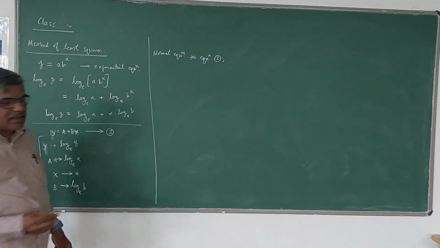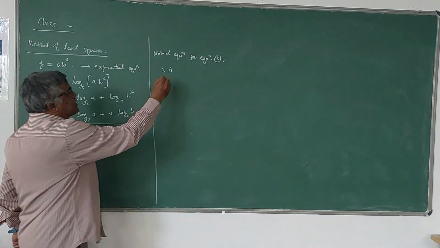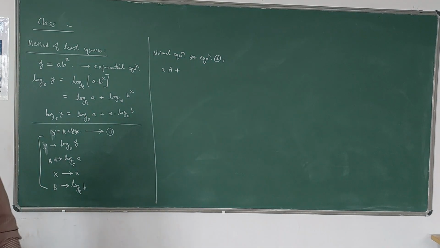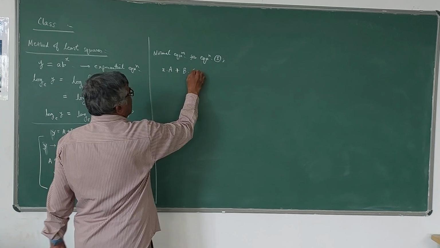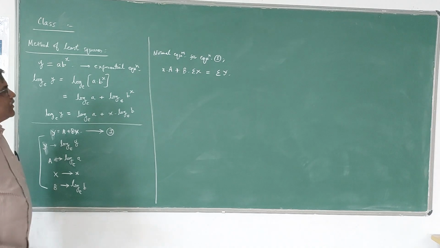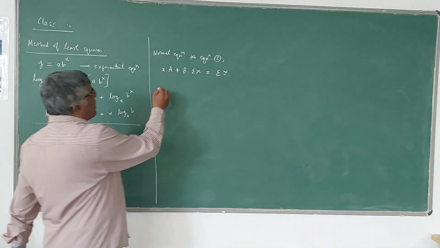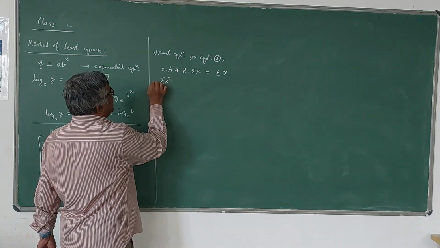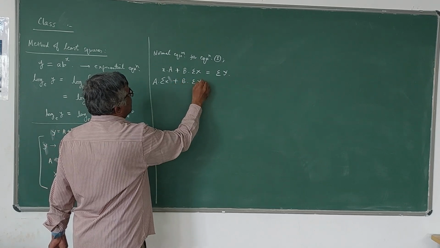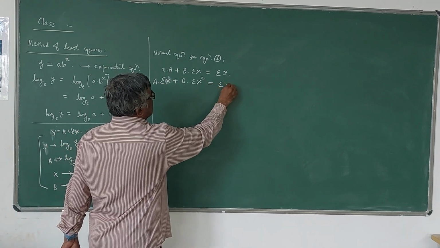You can write the normal equations like this: n into capital A, instead of small a it becomes capital A now, plus capital B into sigma X, will be equal to sigma capital Y. So this is one equation. The second equation is capital A into sigma X plus capital B into sigma X square is equal to sigma XY.